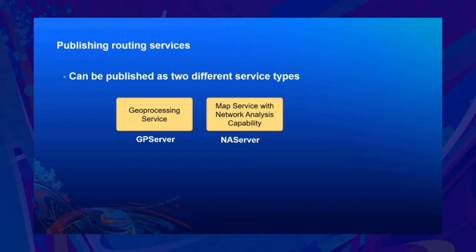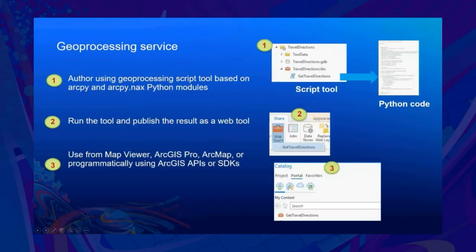If you read the API reference for routing services or use routing services from the services directory or manage them using applications such as ArcGIS Server Manager, you will often see geoprocessing services being referred to as GP server and the map service with network analysis capability being referred to as NA server. I want to call out these terms GP server and NA server so that you can relate to them when working with routing services. Now let's look at how you can publish a routing service using a geoprocessing service type.